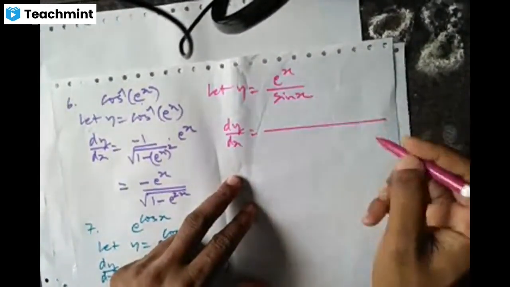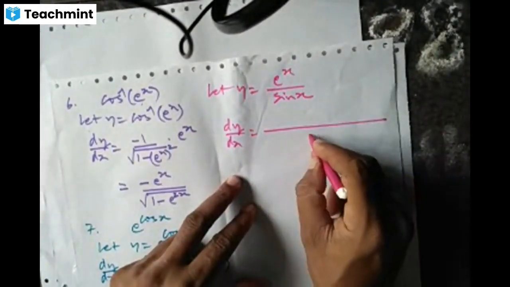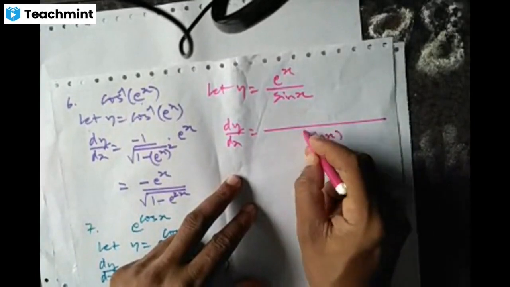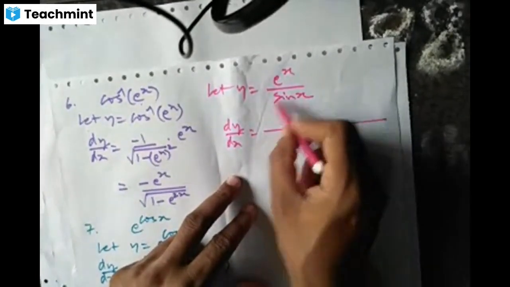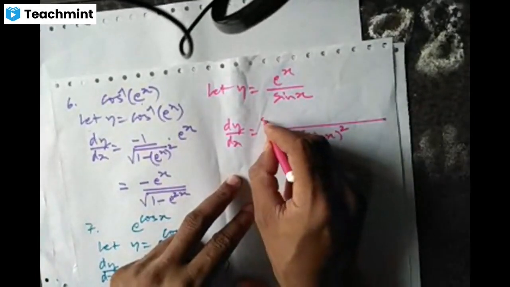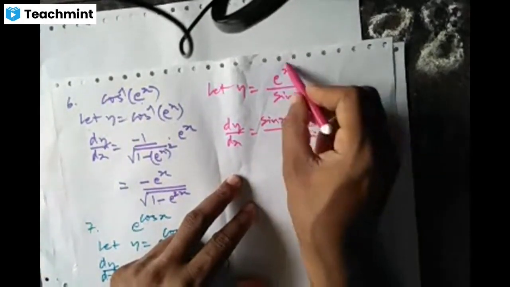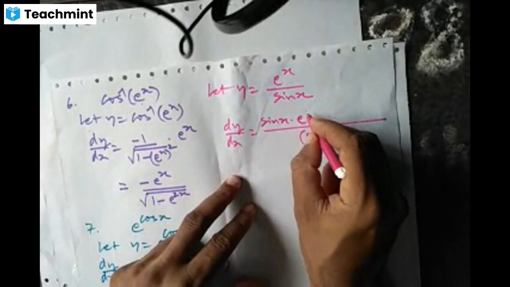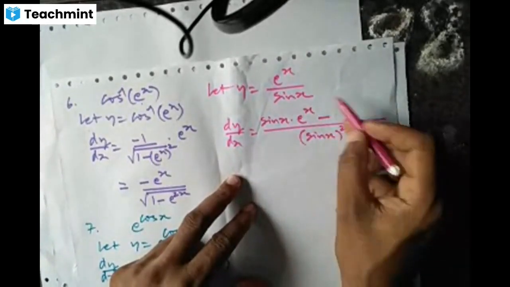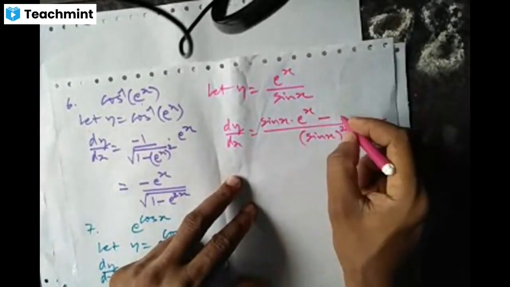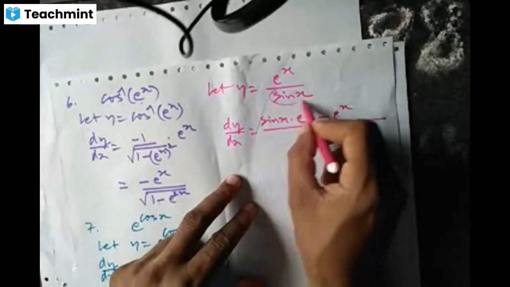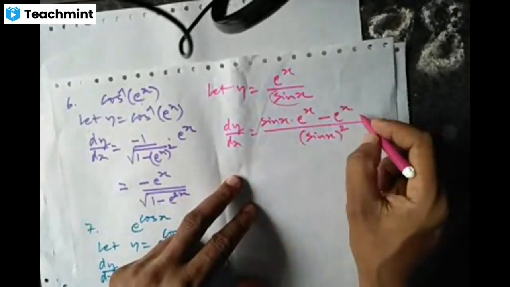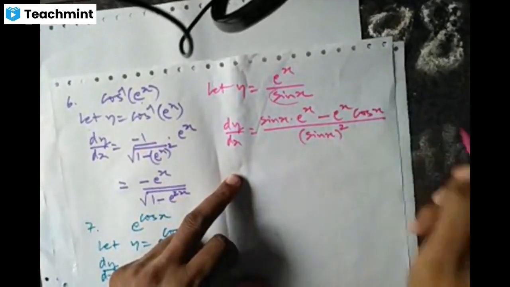This is u, this is v. So in the denominator we have to write the square of the function in the denominator. In the numerator, denominator into d by dx of the function in the numerator. D by dx of e^x is e^x itself, minus numerator, that is e^x, into d by dx of the denominator. D by dx of sin x is cos x, correct?